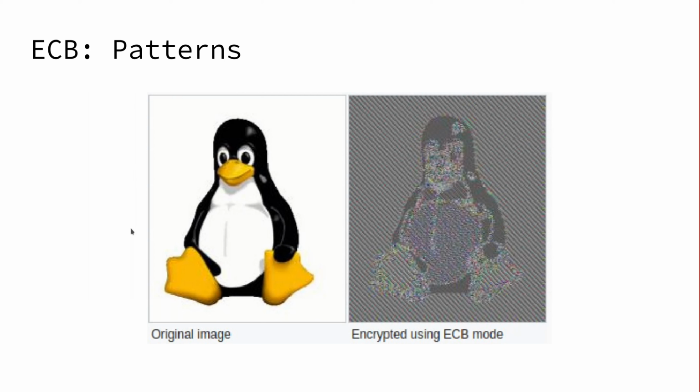So if the picture is just well aligned, let's say, you can still, seeing the only ciphertext, kind of see what the underlying structure of the plain text is. In this case, we can even see that this is a tux image that was encrypted. So patterns are transferred from plain text to ciphertext, which is something we really don't want, and which is the main reason why you shouldn't be using ECB.